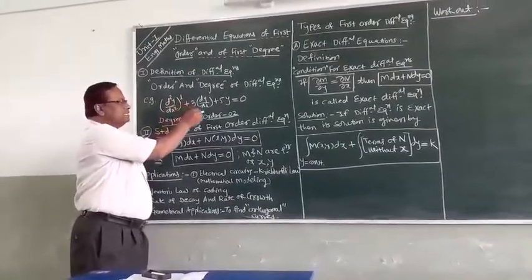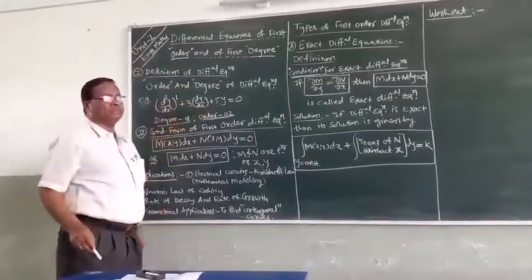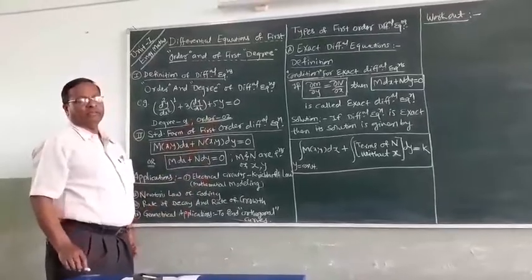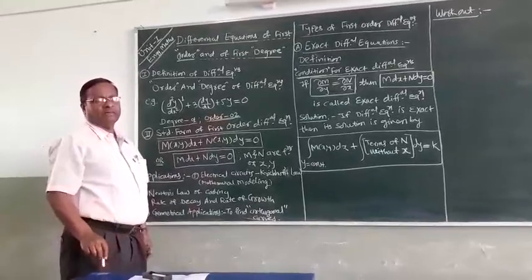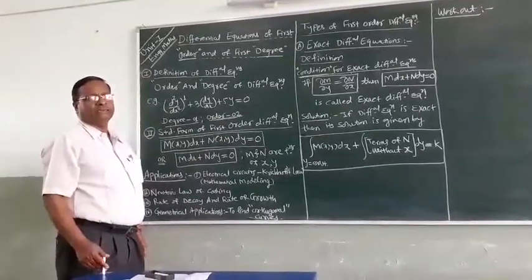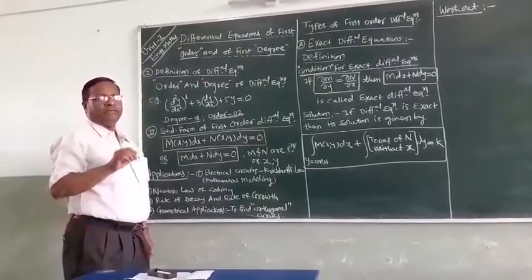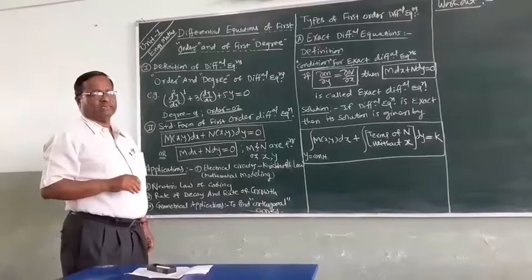It also contains the term dy by dx, and a term containing y. So this type of equation is known as a differential equation. According to the definition, an equation involving differentials or derivatives is called a differential equation.